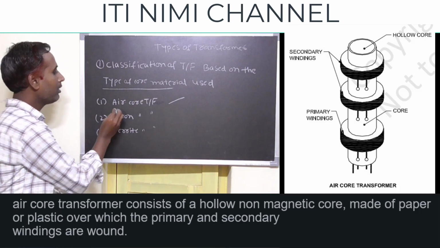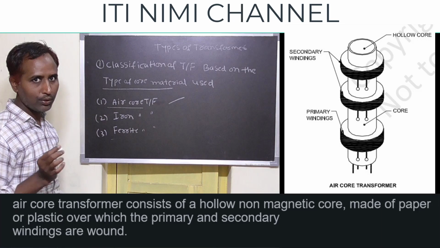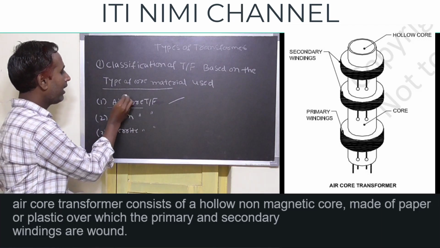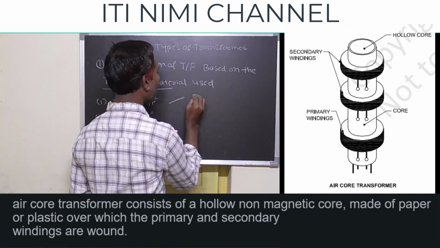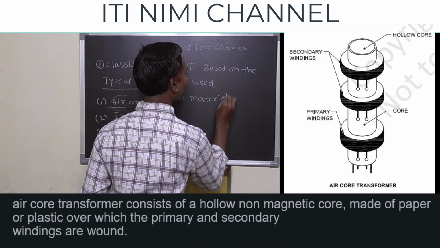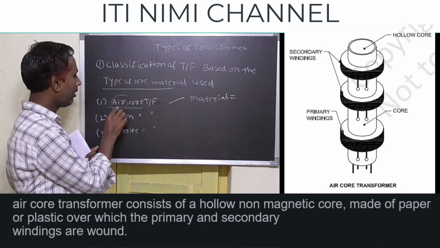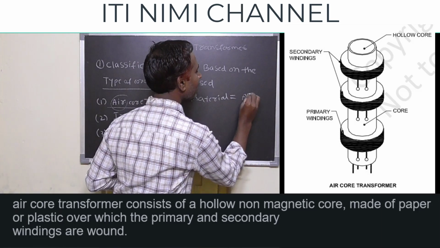So, for example, in air core transformer, which type of material is used? So friends, in air core transformer, the core material is air only. But the material is air only. Okay, this is clear.